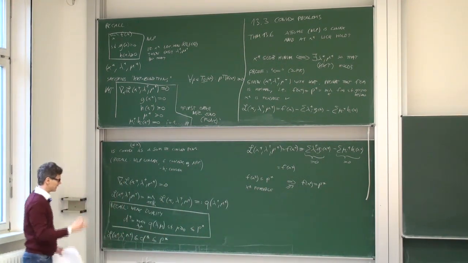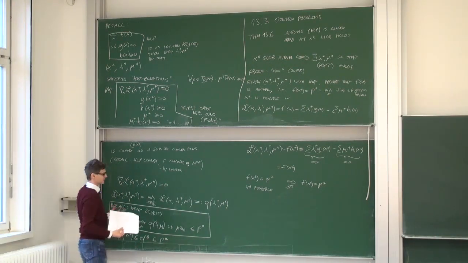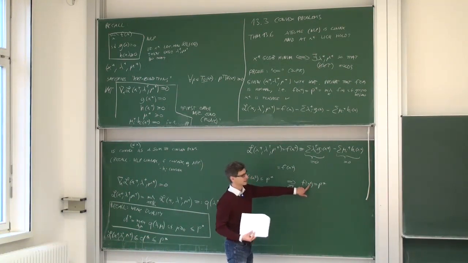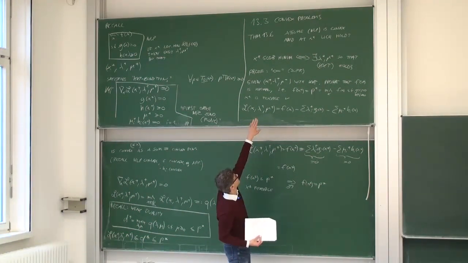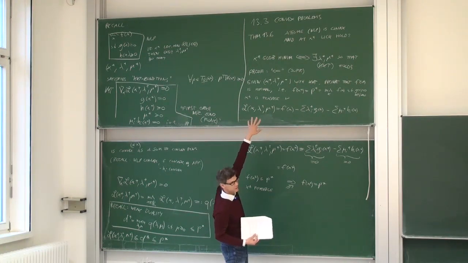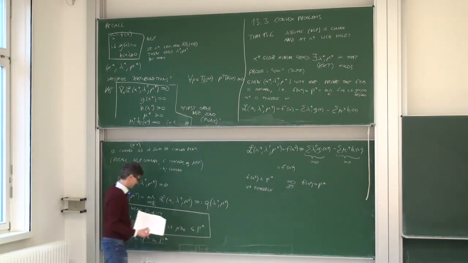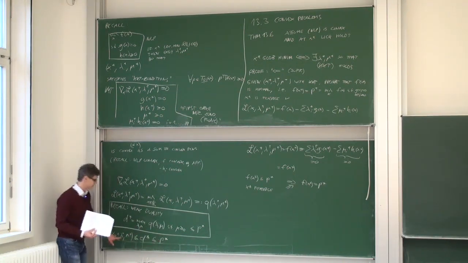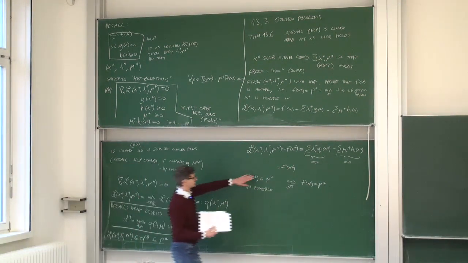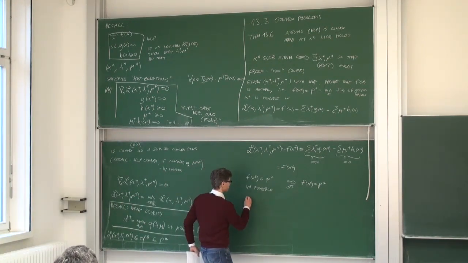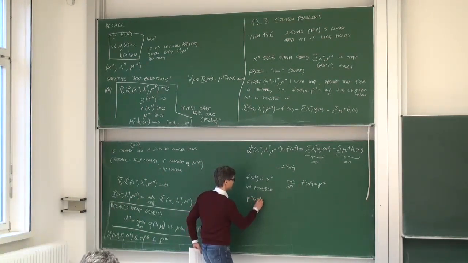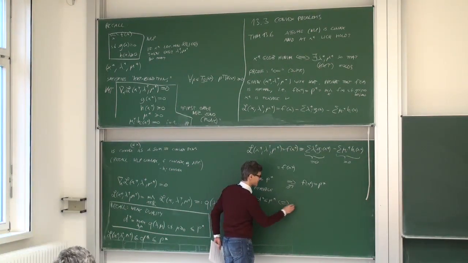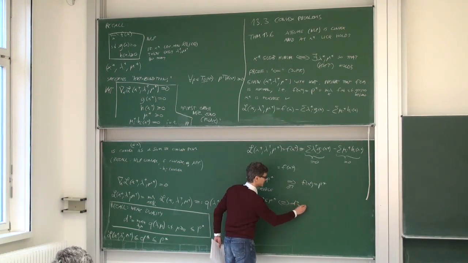And on the way, we did not only prove that the x star is a globally optimal point, right? So that's what we wanted to prove. But on the way, we actually have also proved that the d star is equal to the p star, because basically what we got is, I mean, we also have p star is smaller than d star is smaller than p star, which is equivalent to d star being equal to p star.